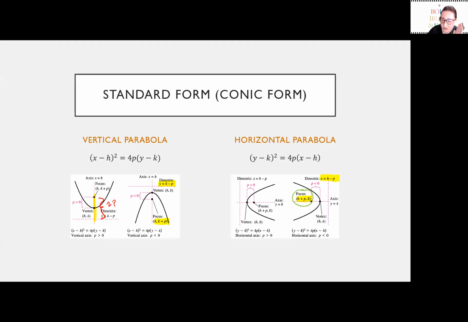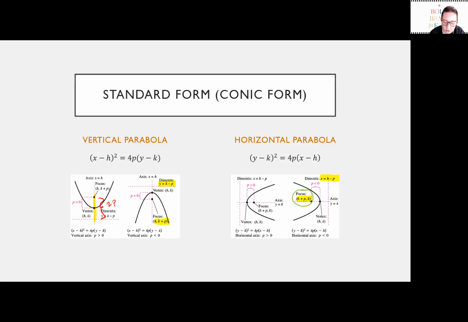So I would say just double check, go back to your reference and make sure that you've written the formula exactly as it should be for the type of parabola that you have. So I'm checking here, vertical parabola, x minus h squared equals 4p times y minus k. So that's what I wrote down.